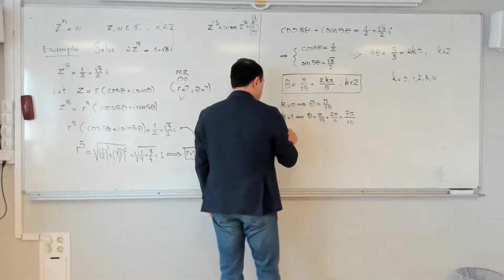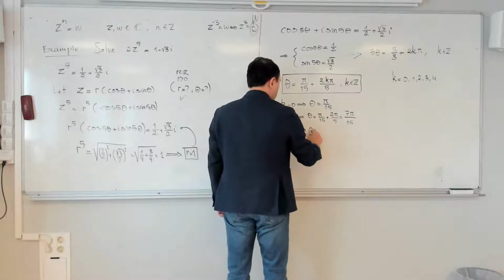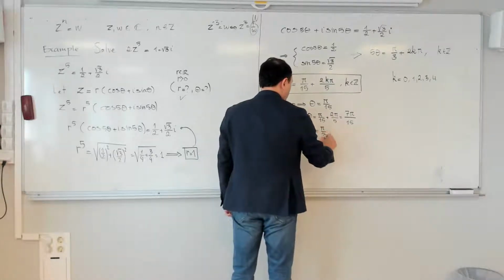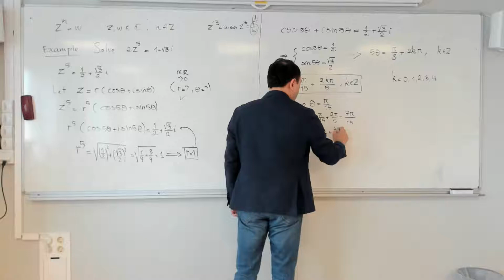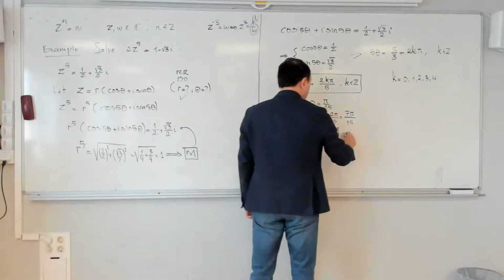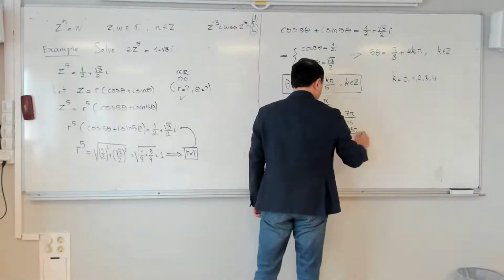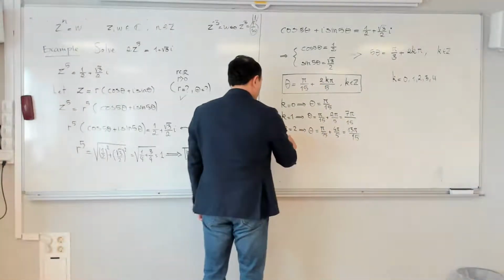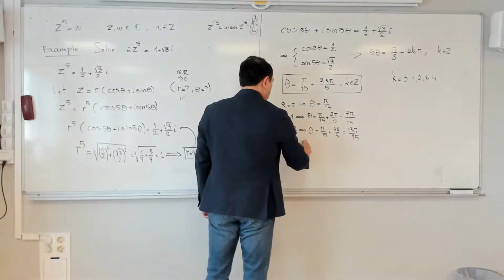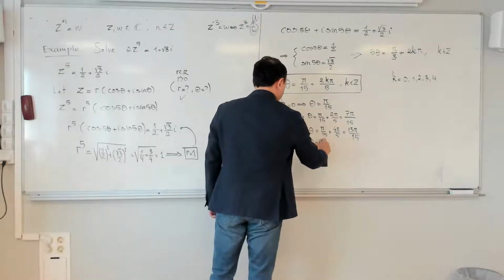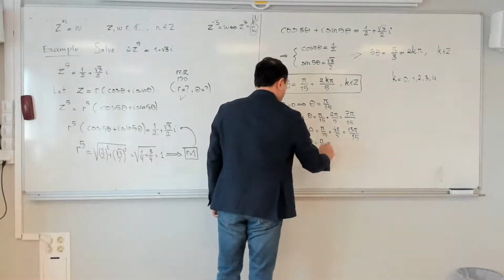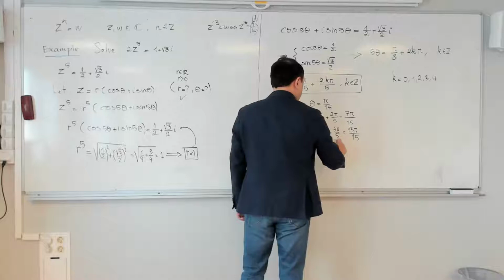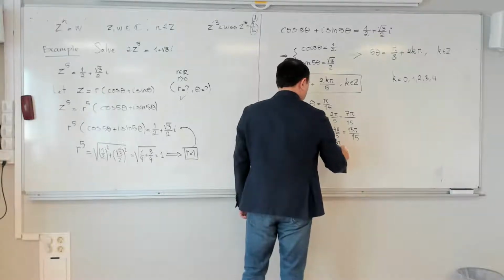And then if I put k equals 2, theta becomes pi over 15 plus 4 pi over 5, and then it becomes 13 pi over 15. And then if I put k equals 3, I get theta equal to pi over 15 plus 6 pi over 5.